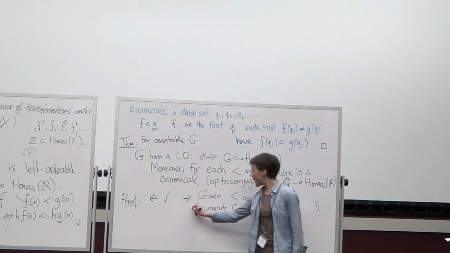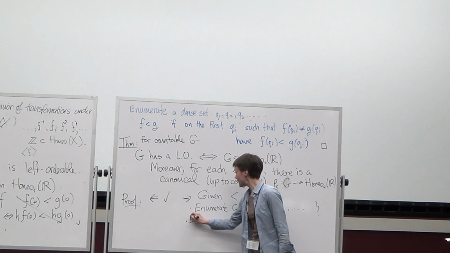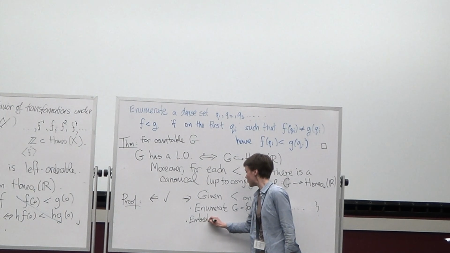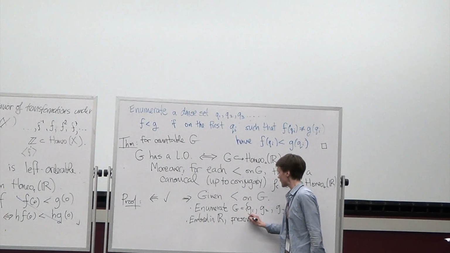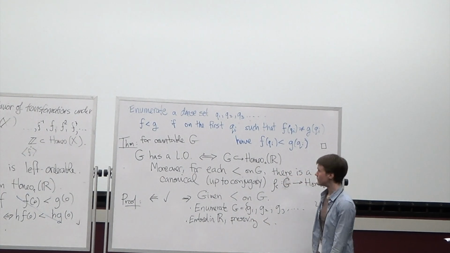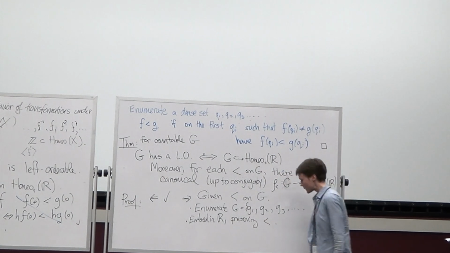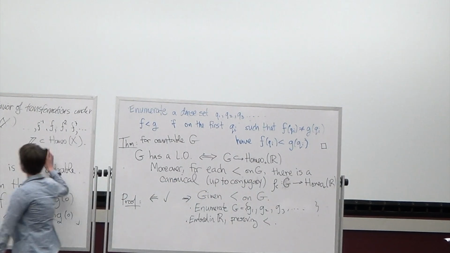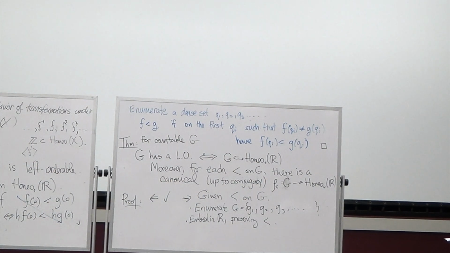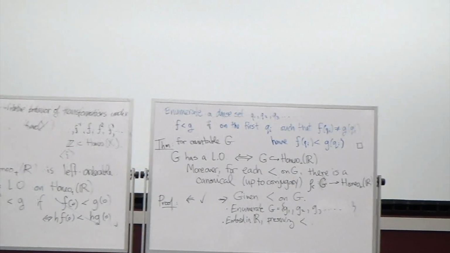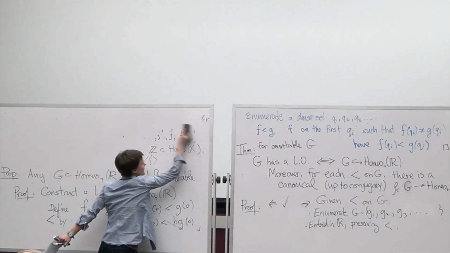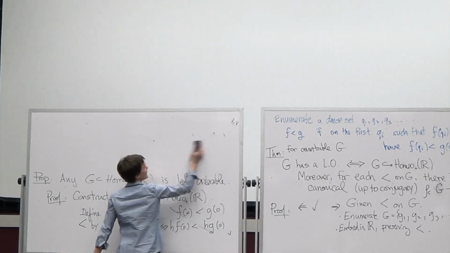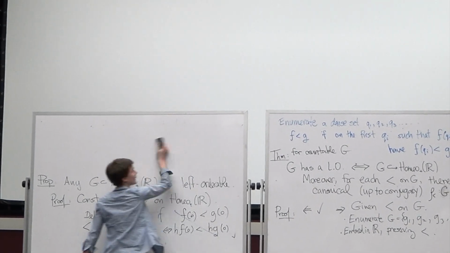And then I'm going to embed it in the line, preserving the order. And I won't just do this in any completely random way. I'll be a little careful with it. It's maybe not obvious the first time you see this pass quickly before your eyes that this is important, but if you work through the details, you'll appreciate that I was careful.